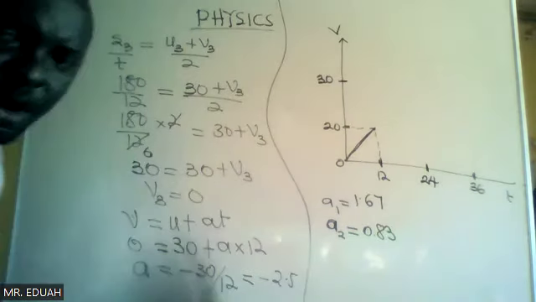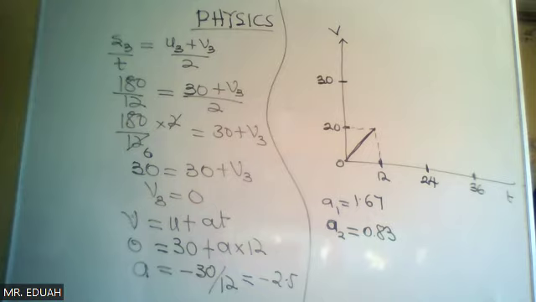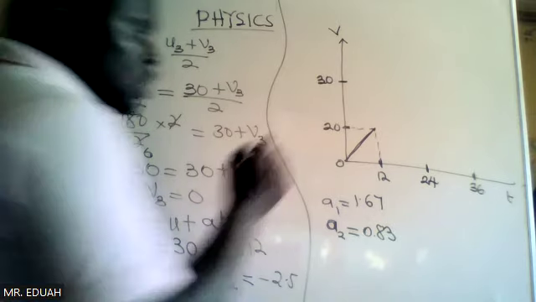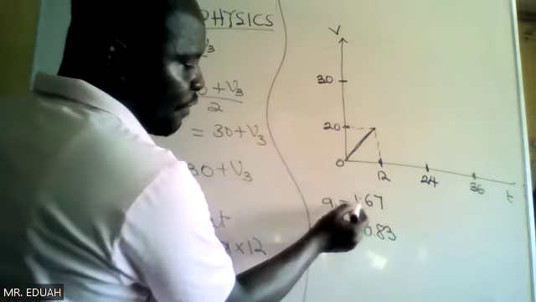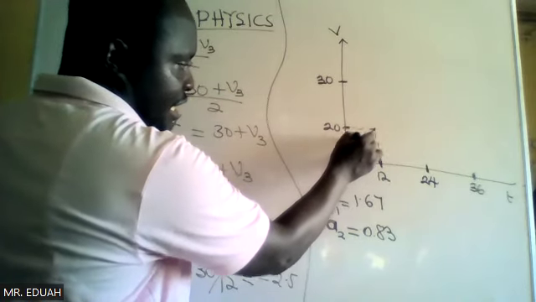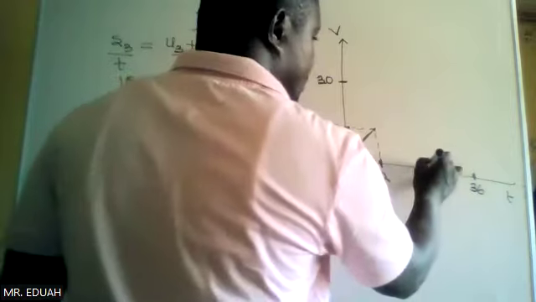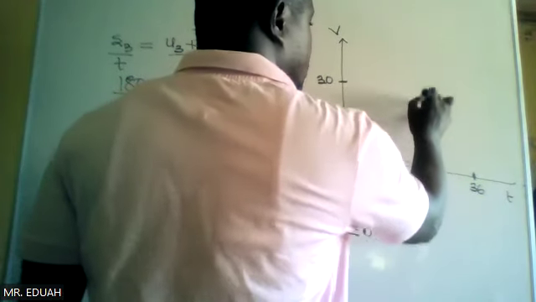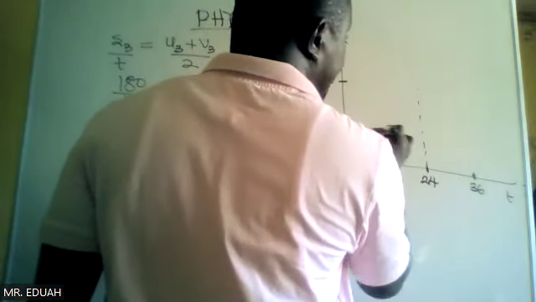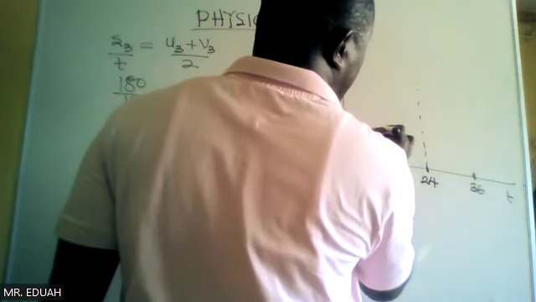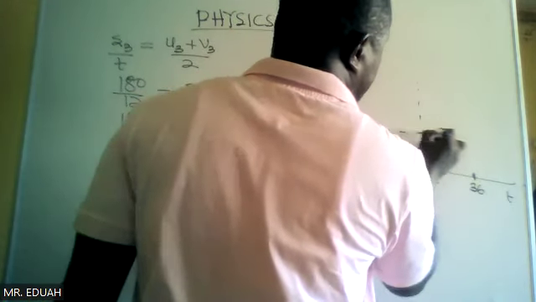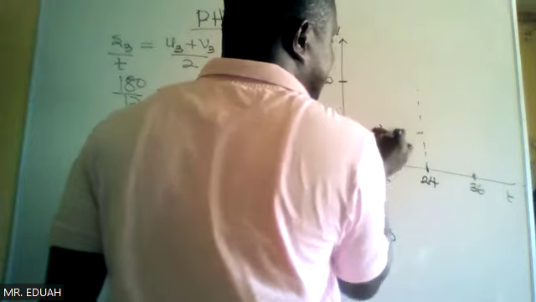Let's give prompt feedback, please. So it means that the slope of A1 is greater than the slope of A2. So A2, if we are drawing, must give us a lesser slope.